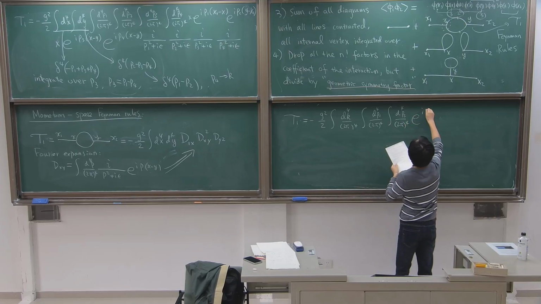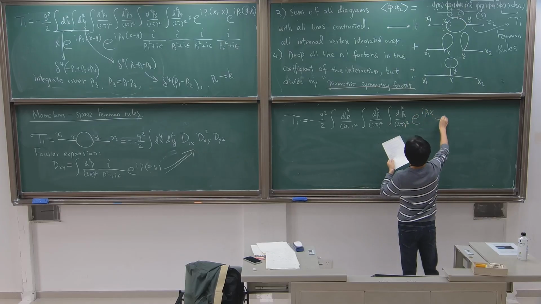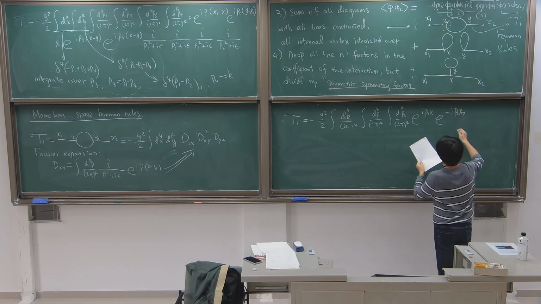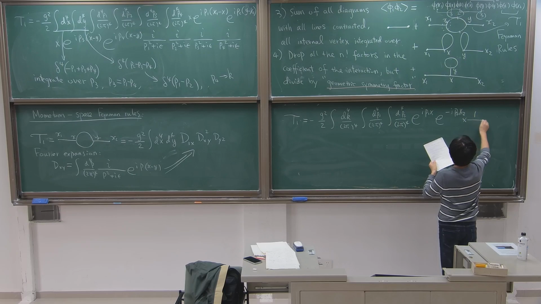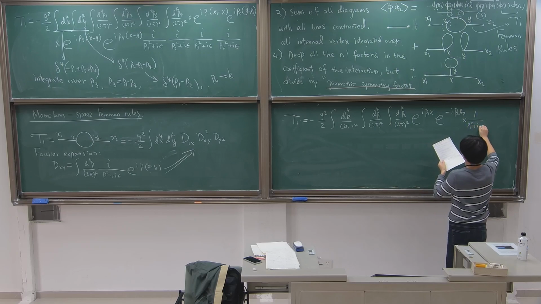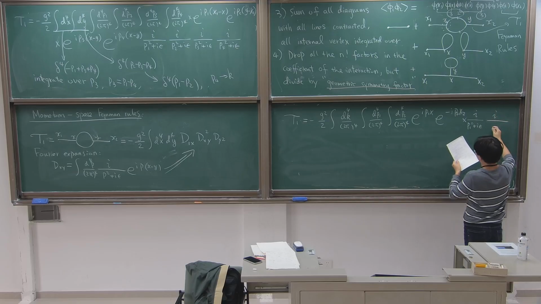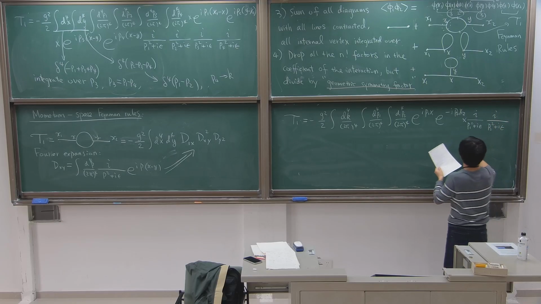And there is an exponential e^{iP1x}, and an exponential e^{-iP2x2}, and then times all these momentum space propagators. As you can see, I ignored the mass square terms in order to keep the formulas brief. It doesn't matter, okay?